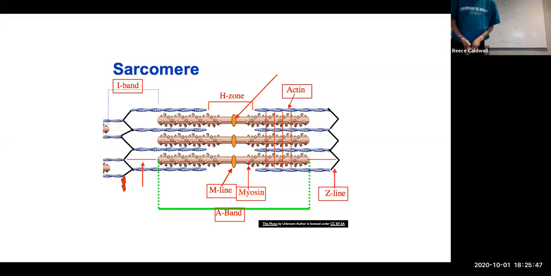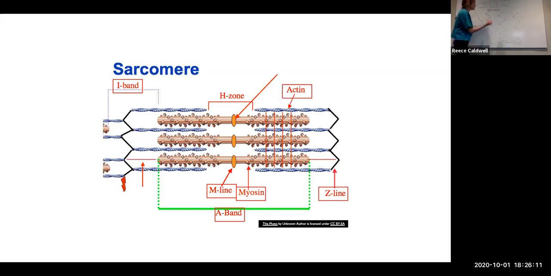Inside the sarcomeres, we have thick and thin filaments. These right here are called the Z lines. They kind of look like Z lines. The Z lines are what separate each sarcomere from each other. So sarcomere, Z line, another sarcomere, Z line, another sarcomere, Z line, and so on.